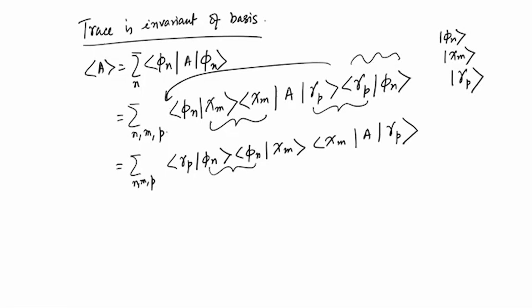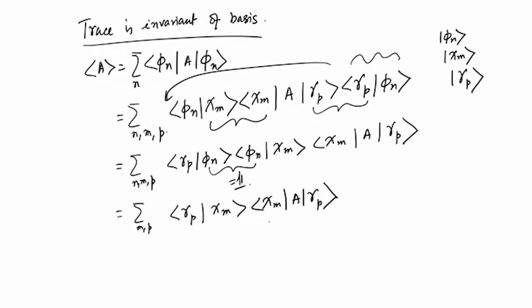Now, you see that we can use this sum over n and these outer products of the phi n, the original basis that we have written, we can make that equal to 1, and this will go away, and then we have m and p, because we have taken these n into account, and then we have a gamma p, and we have a chi m, and then a, and then gamma p.